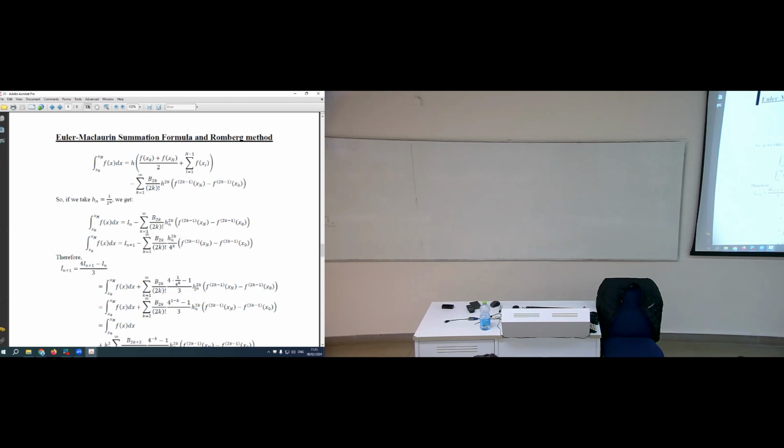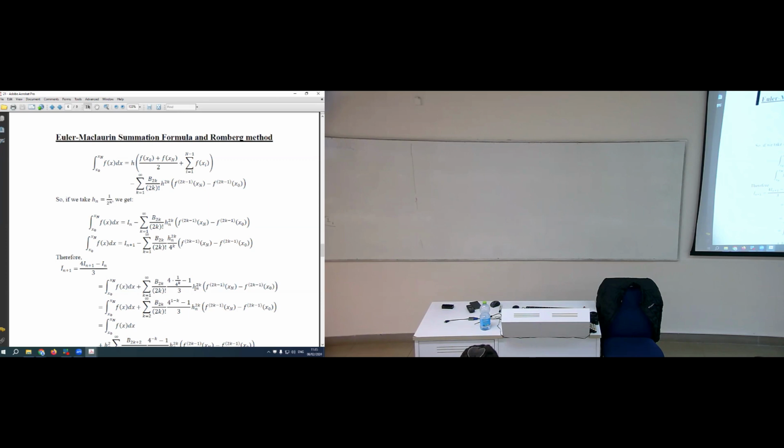But these are Bernoulli constants, and I know that this is true. So I know that the trapezoidal rule is the integral plus a correction, which is a constant multiplied by h squared plus a constant multiplied by h to the 4th, plus up to some order, plus a correction integral.